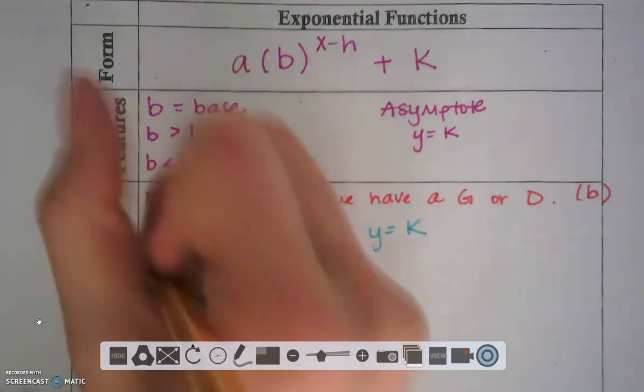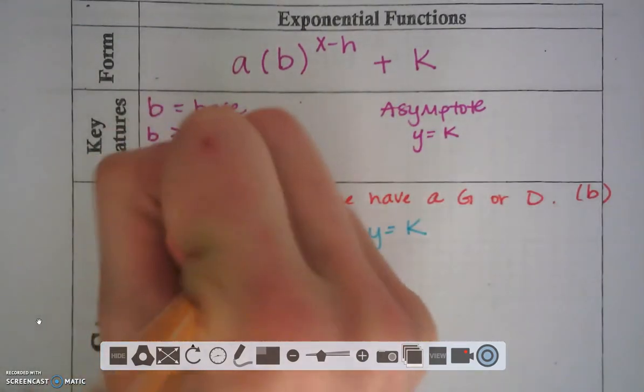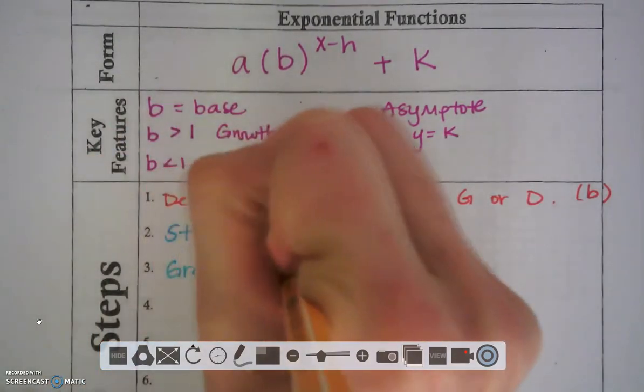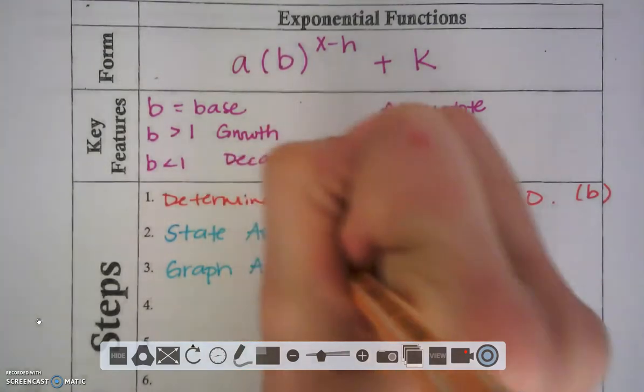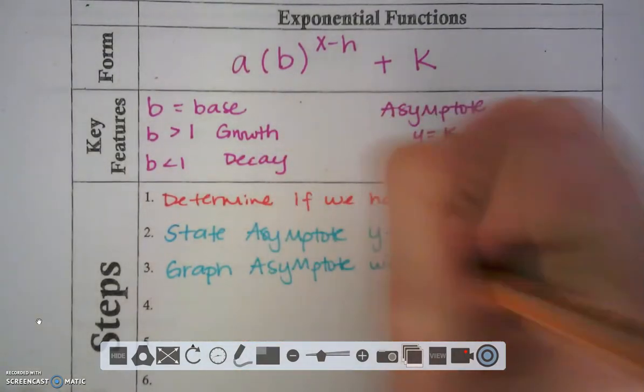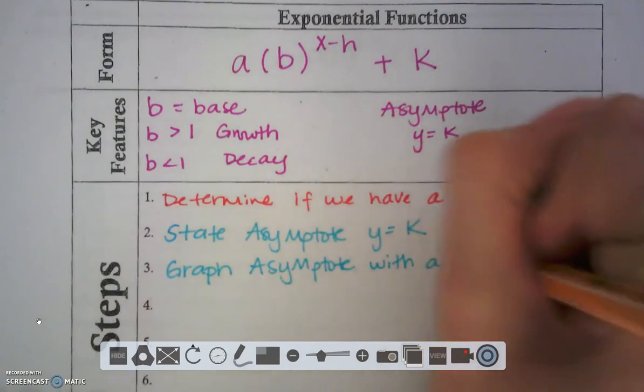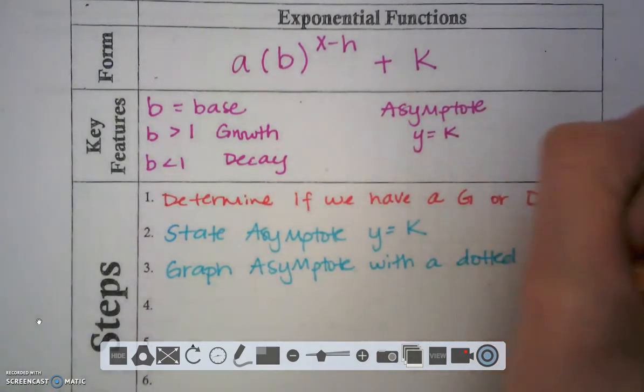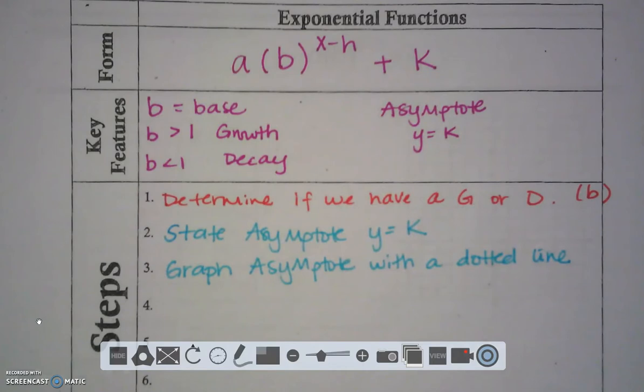Once we know it, we're going to graph the asymptote with a dotted line. Now, we use a dotted line because your asymptote is this imaginary line that your graph can never, ever, ever, ever cross. So we want to be sure to put that this is the absolute bottom of my graph. We cannot go any further.